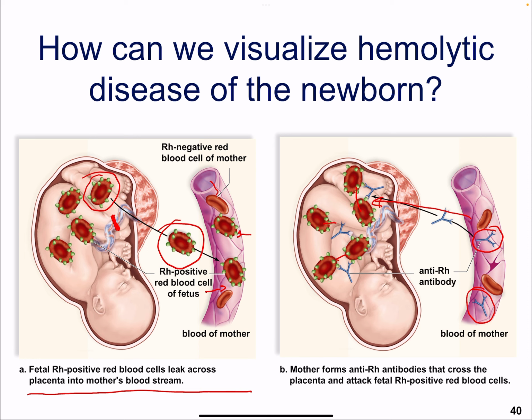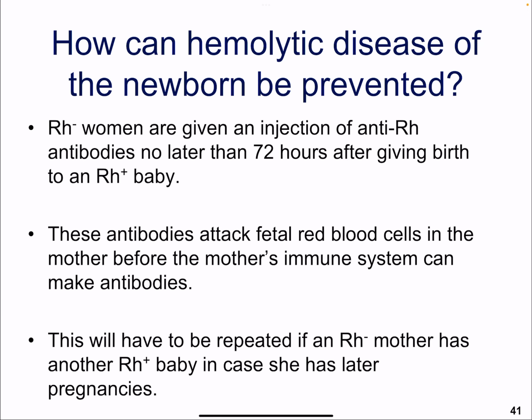But knowing this, what can we do to prevent an attack of the fetus blood by mom? What can we do? Typically, when a mom is rhesus negative, after giving birth the first time, she's going to be given antibodies. Now, listen carefully. She's going to be given antibodies against RH within 72 hours of giving birth.